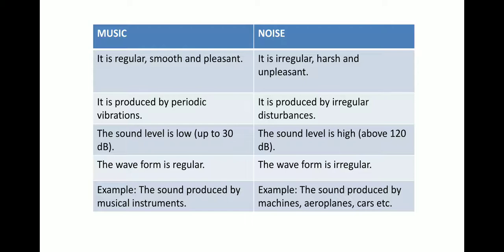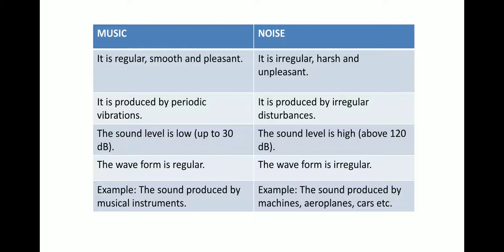In music, the sound level is low, up to 30 decibels, so that's a soothing sound. And in noise, the sound level is high, above 120 decibels. In music, the waveform is regular, and in noise the waveform is irregular. It can be any kind of waveform.